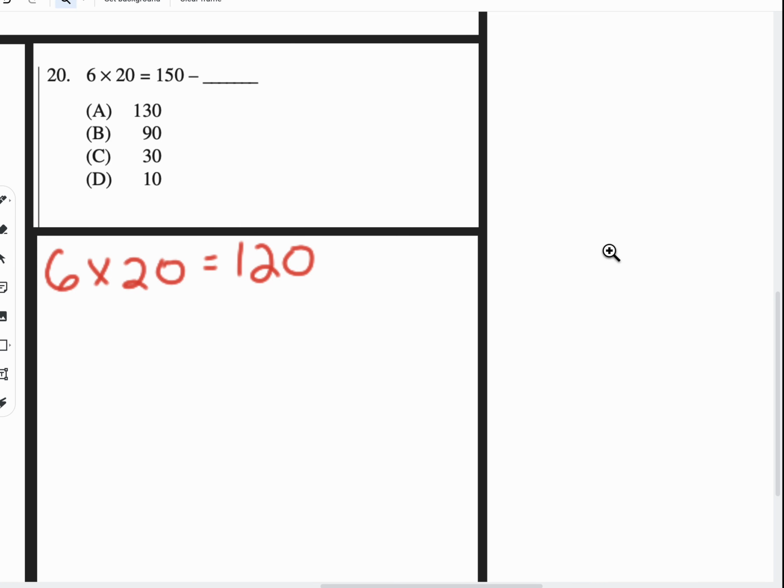Now the equation looks like 120 equals 150 minus blank. Now to determine what goes in the blank, let's subtract 120 from 150.